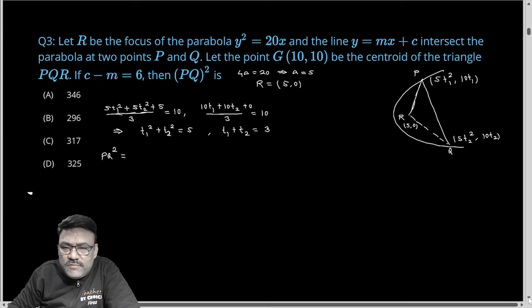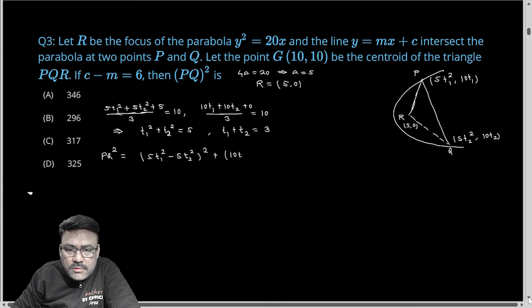So PQ square is what? Just apply distance formula: 5t1 square minus 5t2 square whole square plus 10t1 minus 10t2 whole square. Simple distance formula.